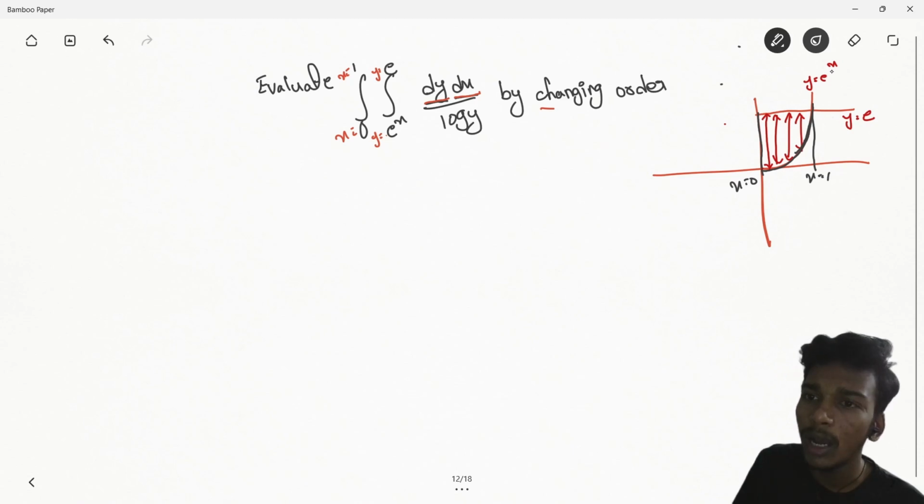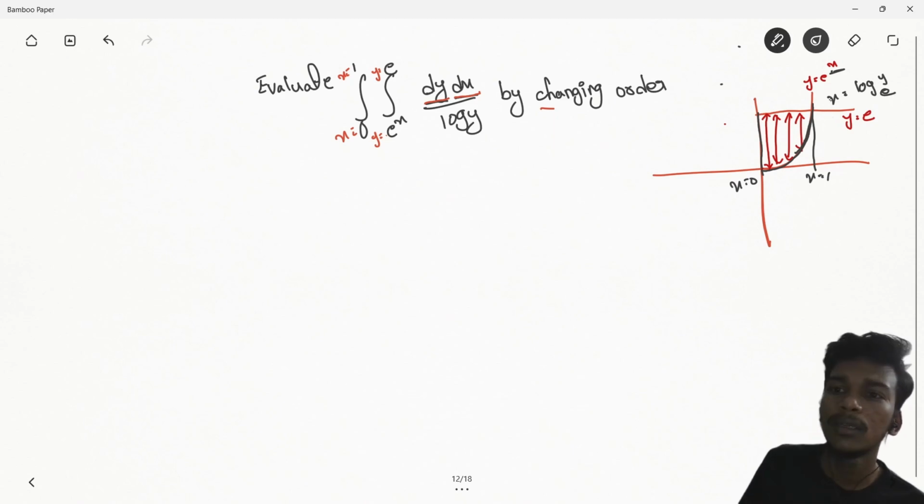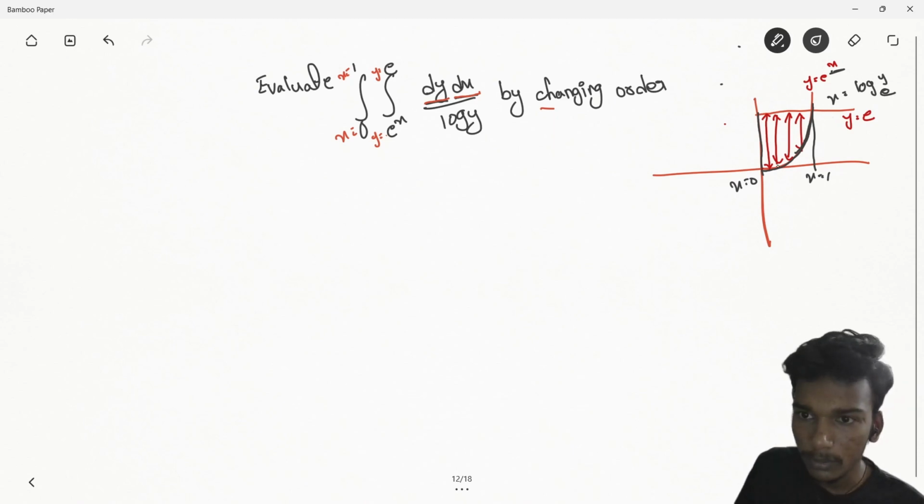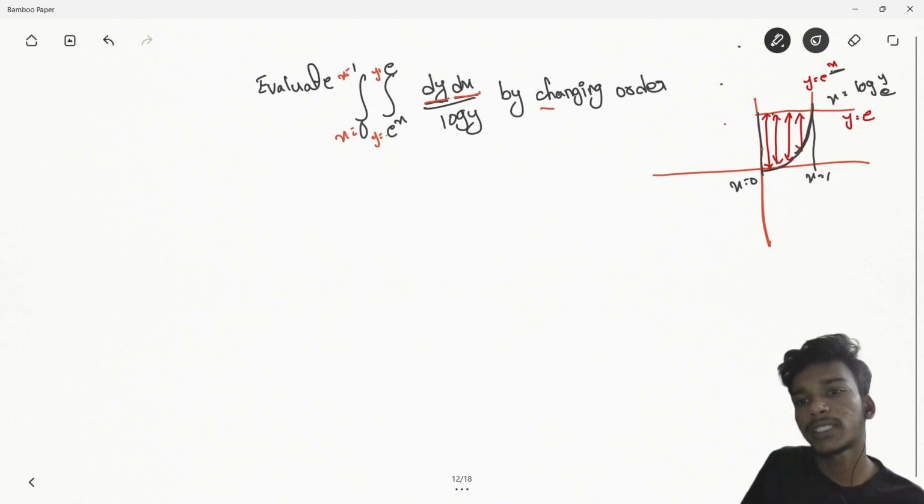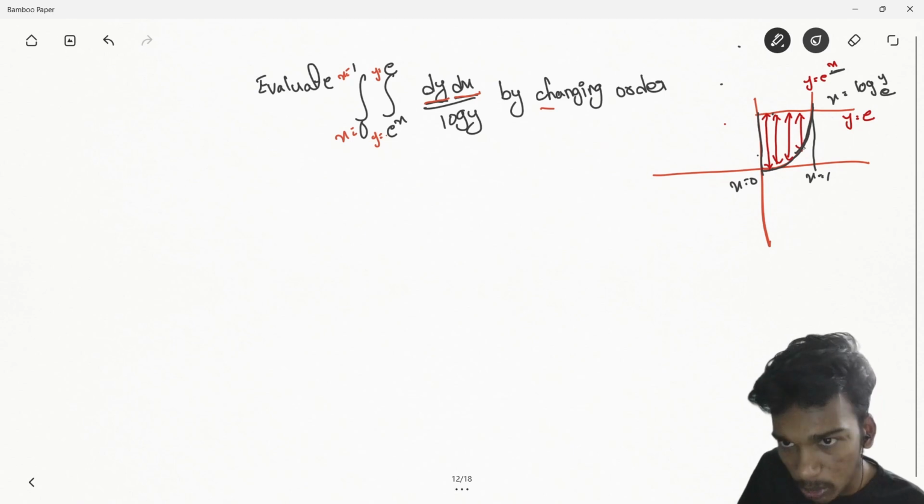If you want to know the values of x on this curve, we are going to get x equal to log y base e, right? Now we are integrating from y is equal to 0 to y is equal to e. These are the limits of y, right? From here to here we are integrating. And the limits of x are from 0 to this curve.